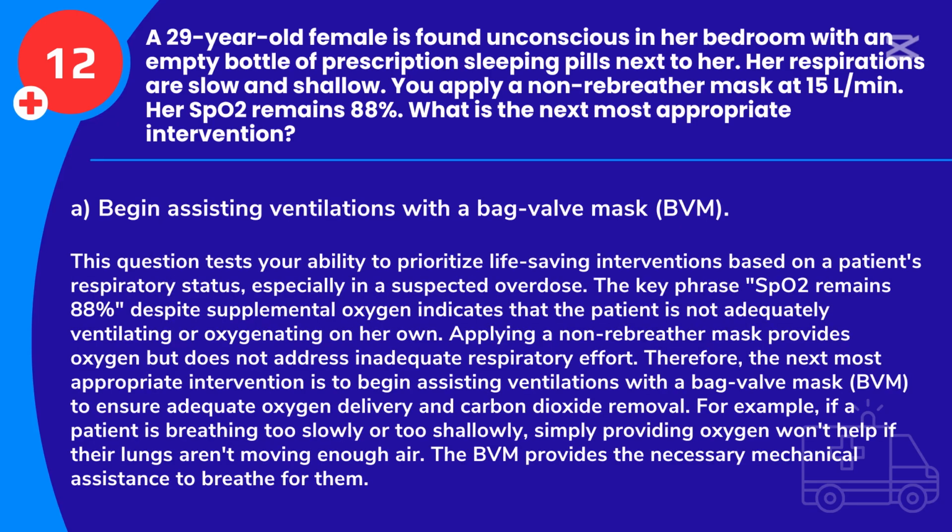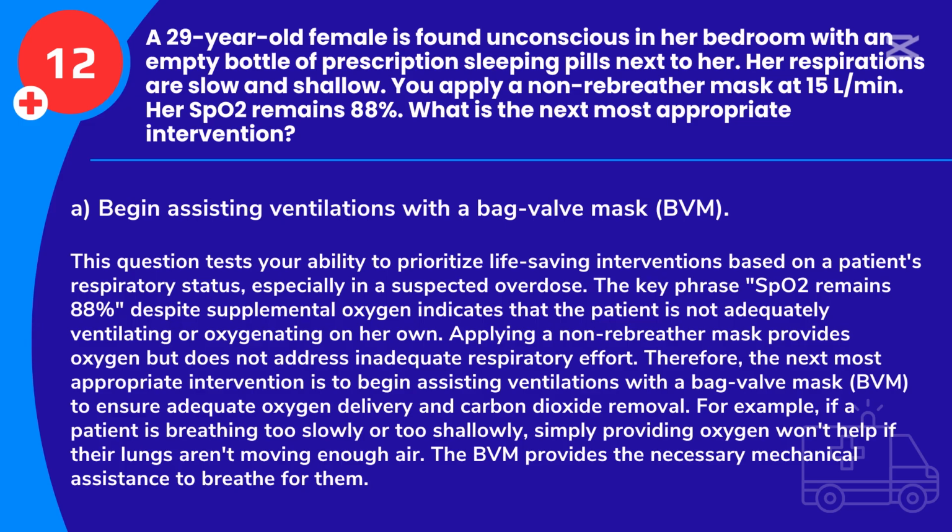Answer: A. Begin assisting ventilations with a bag valve mask, BVM. This question tests your ability to prioritize life-saving interventions based on a patient's respiratory status, especially in a suspected overdose. The key phrase SpO2 remains 88% despite supplemental oxygen indicates that the patient is not adequately ventilating or oxygenating on her own. Applying a non-rebreather mask provides oxygen but does not address inadequate respiratory effort.